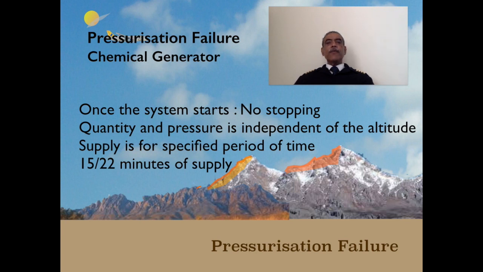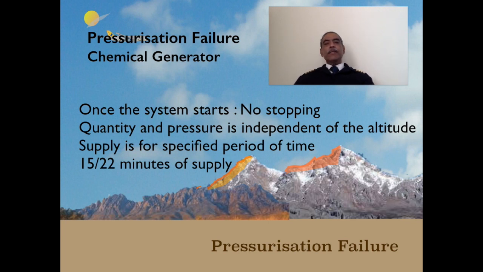Once the oxygen flow starts, then there is no stopping the system. The oxygen continues to flow, which only means that there is no control. Thereafter, you can't stop it whether you want it or not. And the quantity and pressure is independent of the altitude of the cabin or the aircraft.